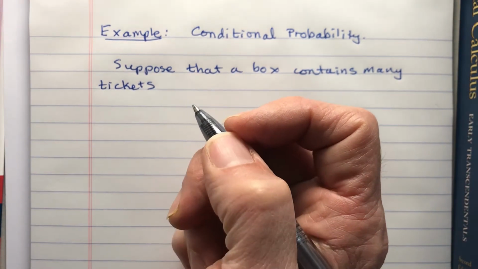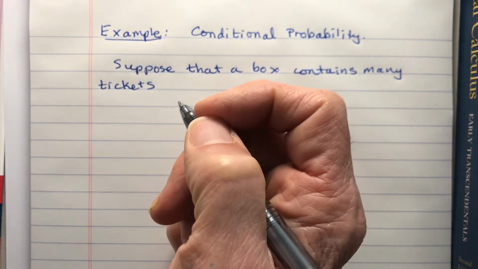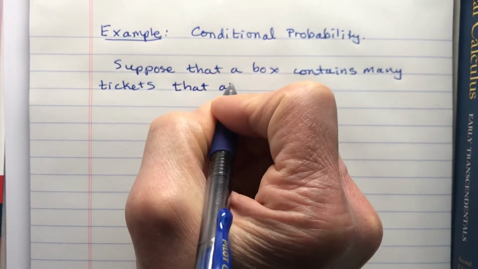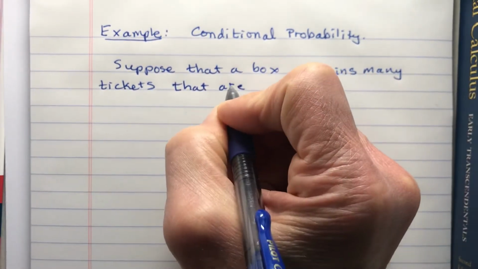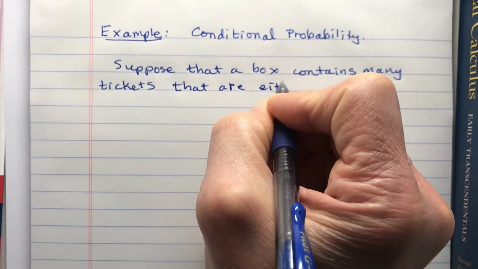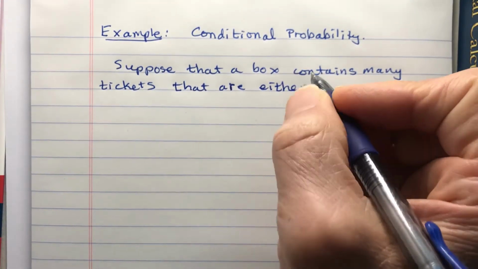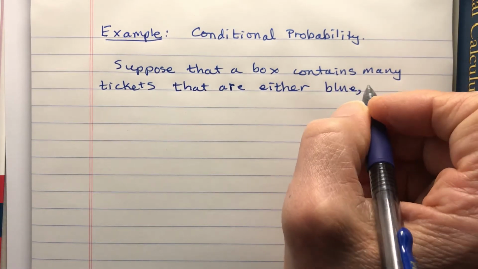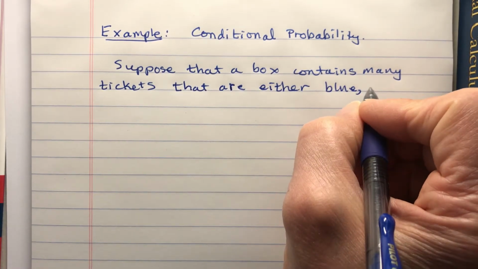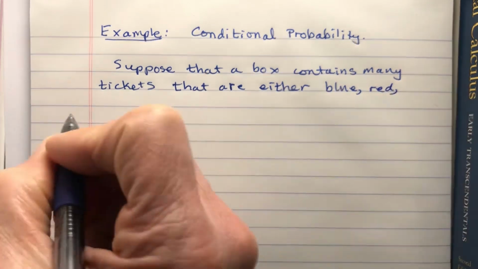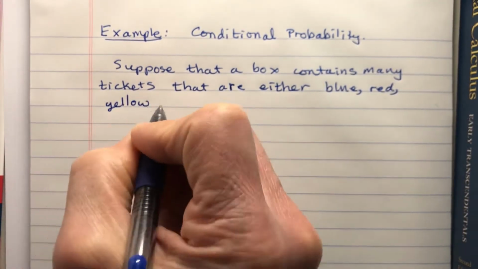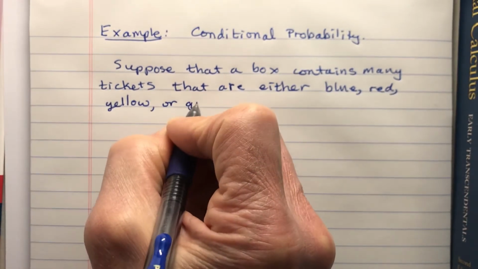Actually, it wouldn't have to be many for this problem, but anyway, suppose there are tickets that are either blue, red, yellow, or green.